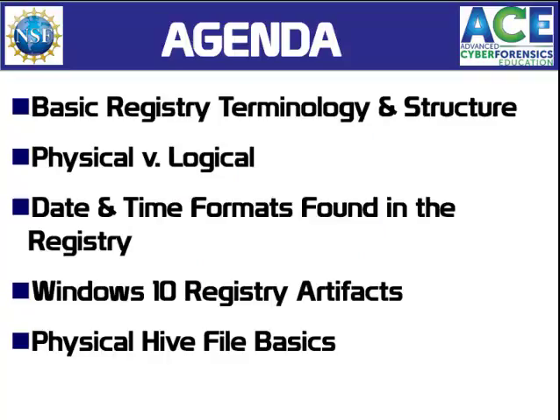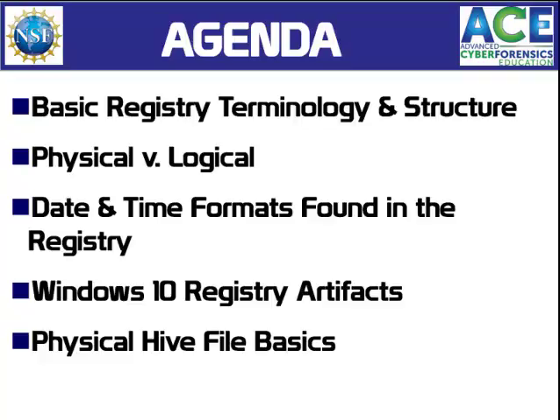The purpose of this lesson is to focus on basic registry terminology and structure. We'll also talk about the physical versus the logical registry and what that means. We'll talk about date and time formats found inside the registry, and then we'll spend a majority of our time looking at Windows 10 registry artifacts.